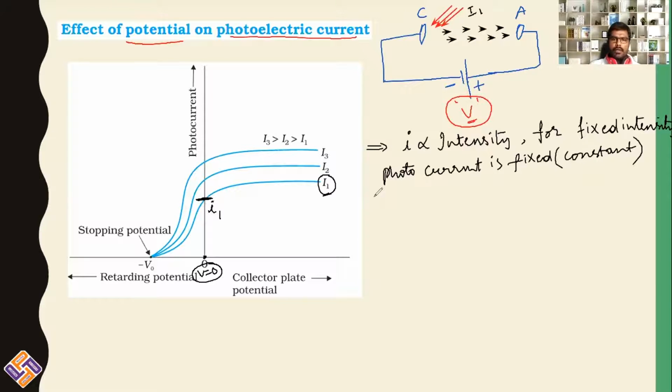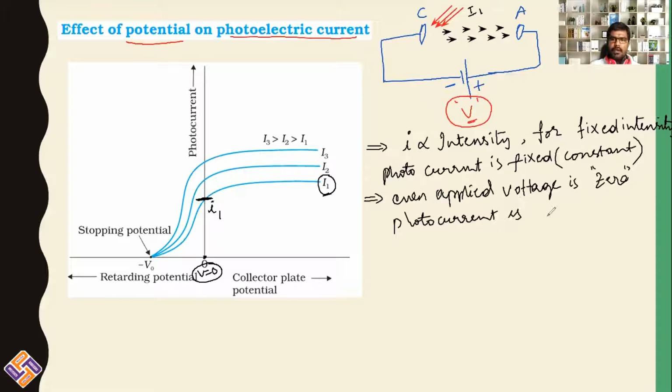So remember that even though the applied voltage is zero, photocurrent is non-zero.